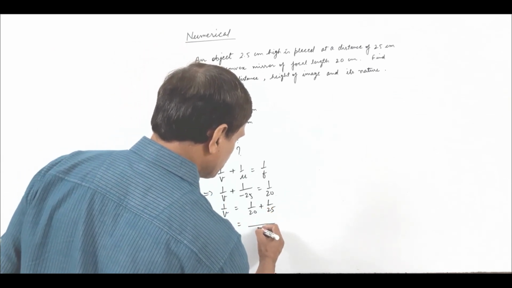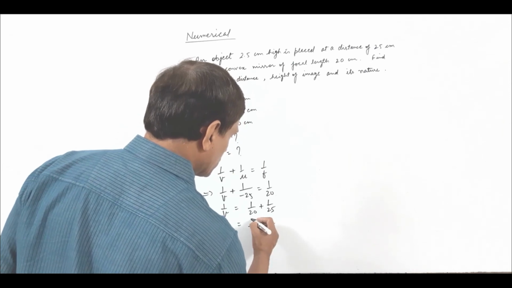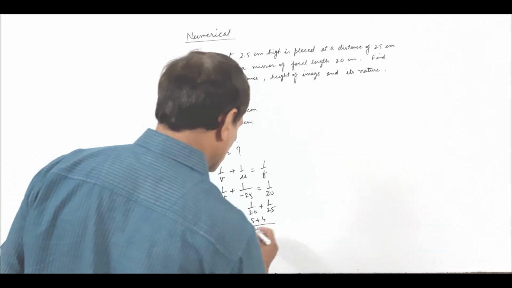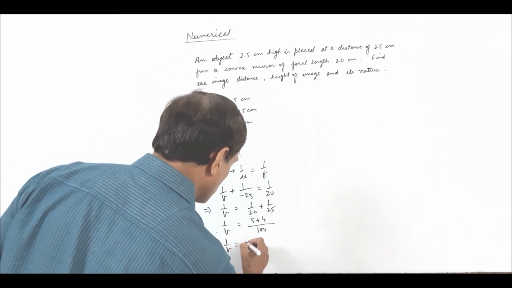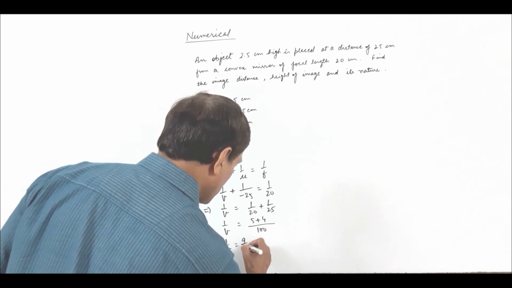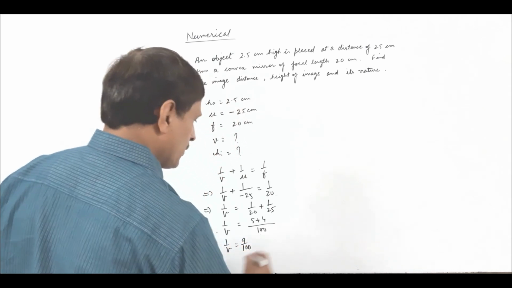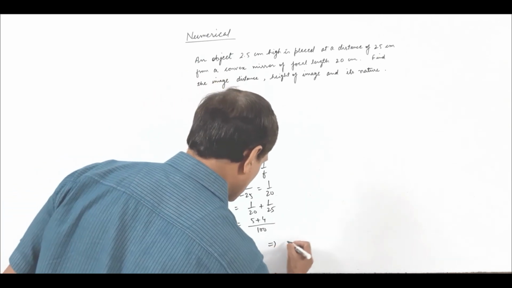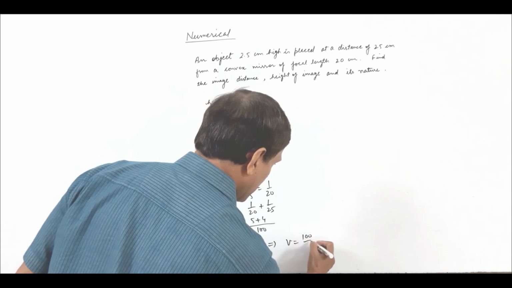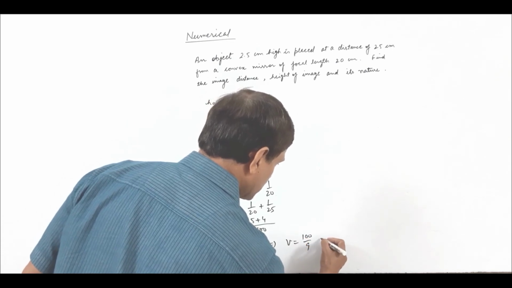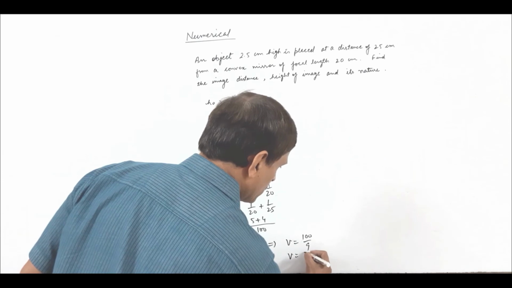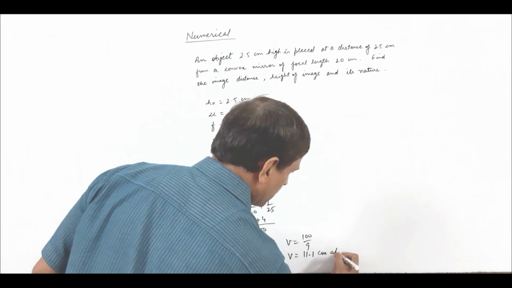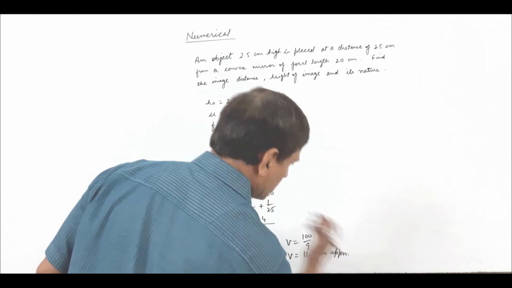Taking LCM, this is 5 plus 4, 1 upon V is equal to 9 by 100, which further implies V is equal to 100 by 9, and that is V is equal to 11.1 centimeter approximately.